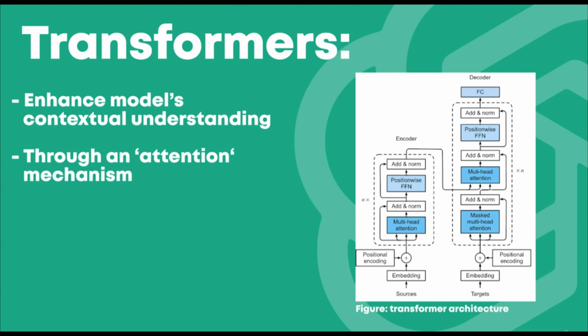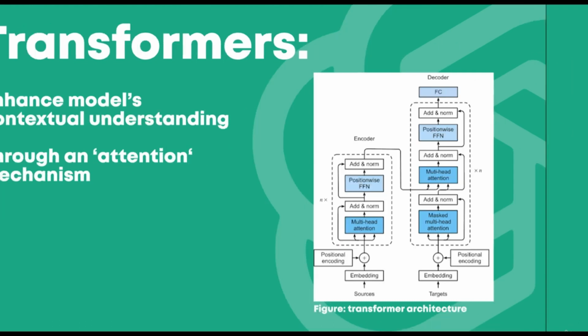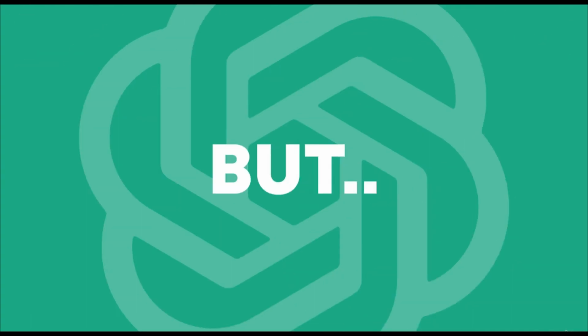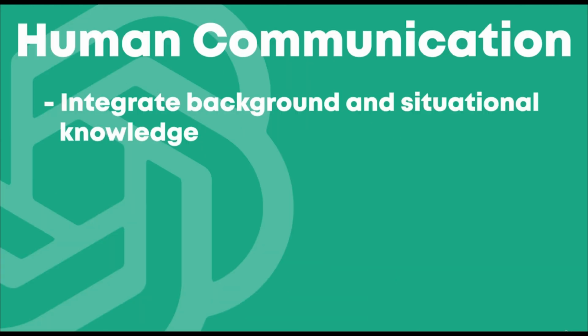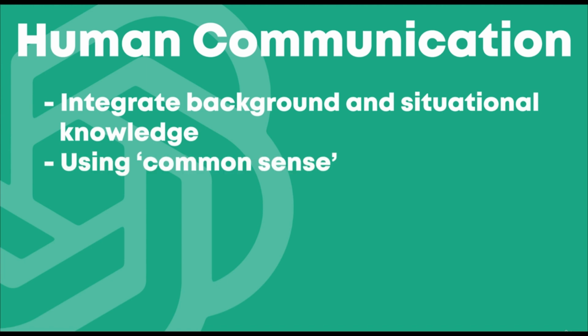With attention, it is meant that the model can focus on specific parts of the input and with that make contextual relations. However, this leaves out an important step on how we humans communicate. We as humans also integrate background and situational knowledge together with so-called common sense to construct the best response in the given moment.